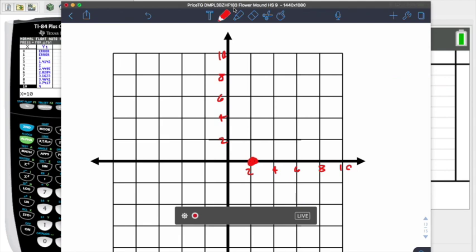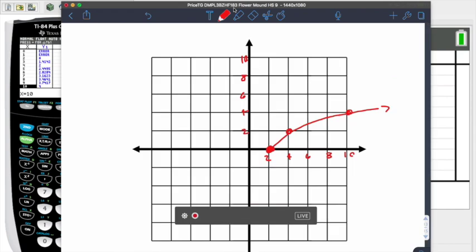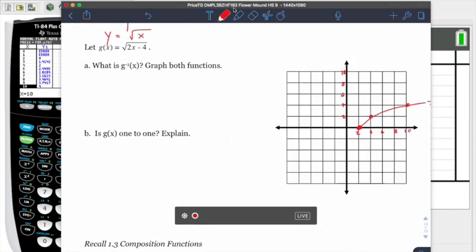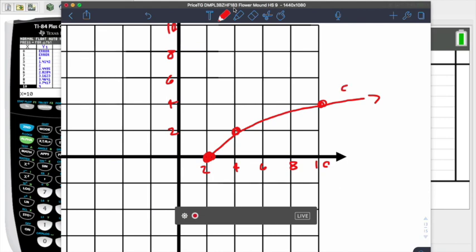Oh, I can see it here to the side. We have 4, 2. And then we had 10. Oh, whoops, I put that in the wrong spot. And then we had 10, 4. So kind of like that right there, and that is your original function. We called it g of x, so I'll put that right here.